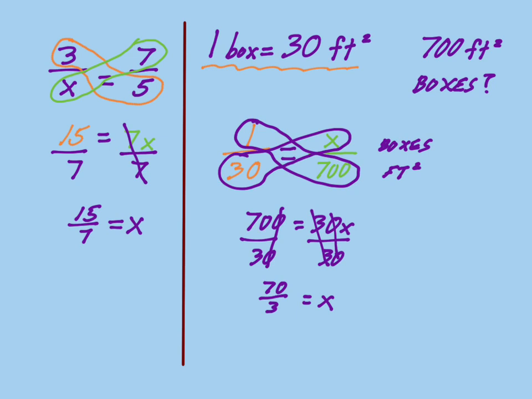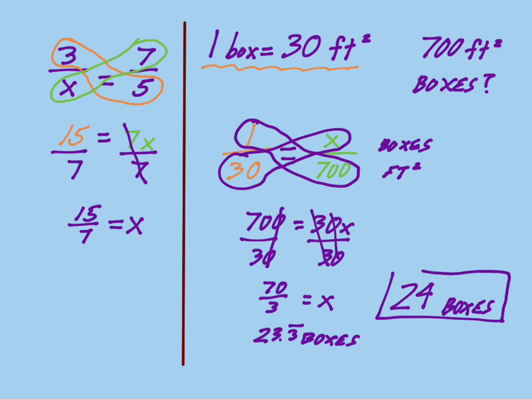Now, that might not tell us a lot, so if I put that in a calculator, I get 23.3 repeating boxes is what's needed. So if I don't have anything that I'm wasting, because I can't buy 23.3 repeating boxes, I would need to go to the store and buy 24 boxes at minimum. I might need to buy a few extra for waste, but that's a topic for another time.